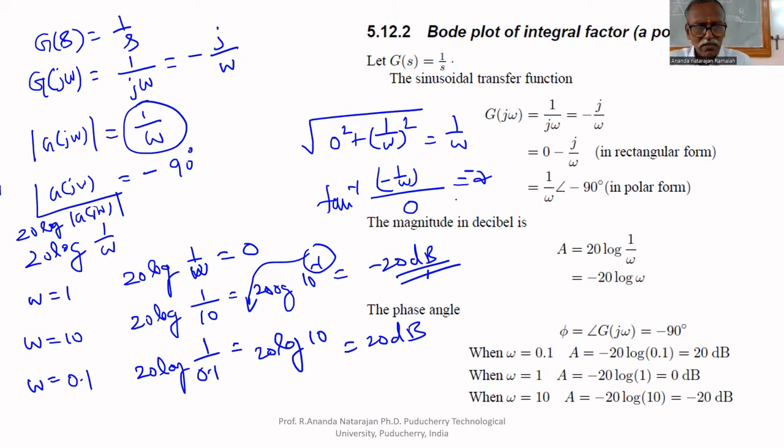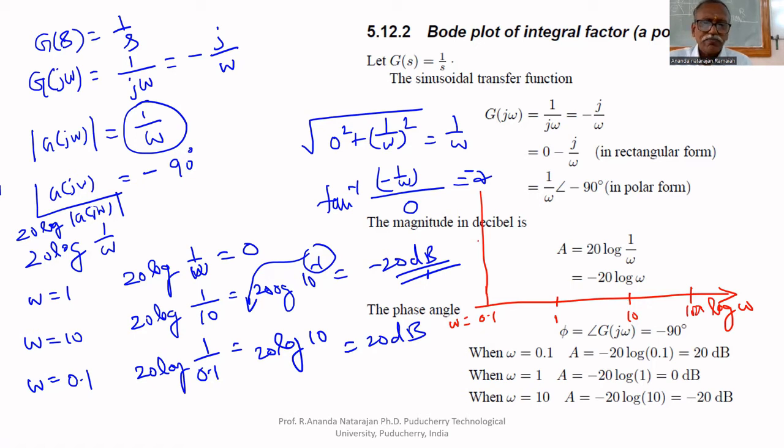So what is the plot? The plot is like this. This is log omega. We will mark omega equal to 0.1, 1, 10, 100, like that. When omega equals 1, its value is 0 dB.